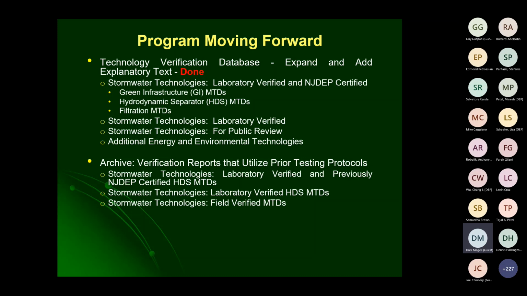So we now have 3 other archive categories: stormwater technologies that were verified, previously certified, stormwater technology laboratory verified against HTS, and field verifies, which were very, very early in the NJDEP program back in the early 2000s.